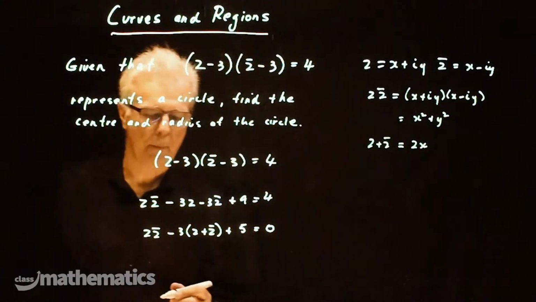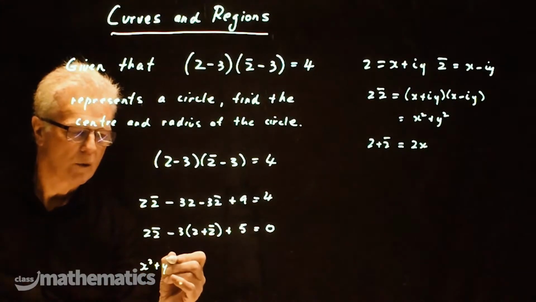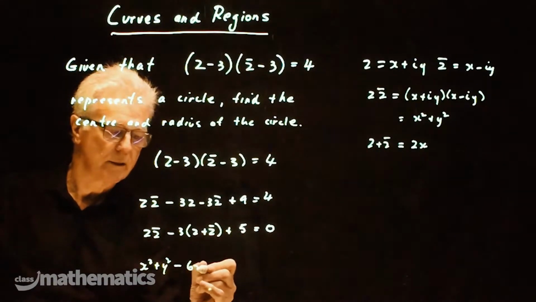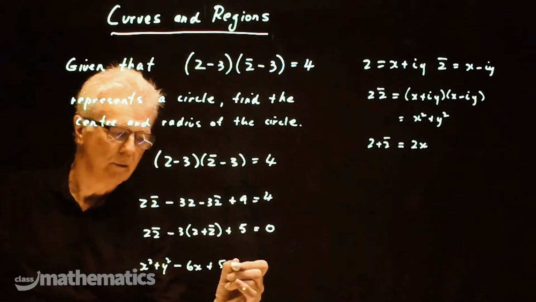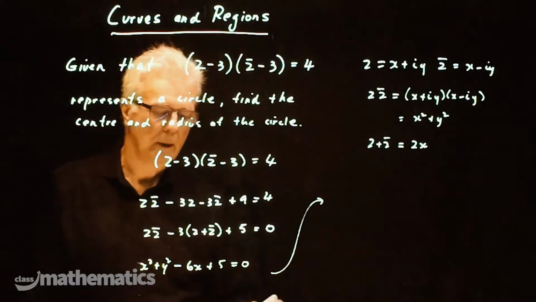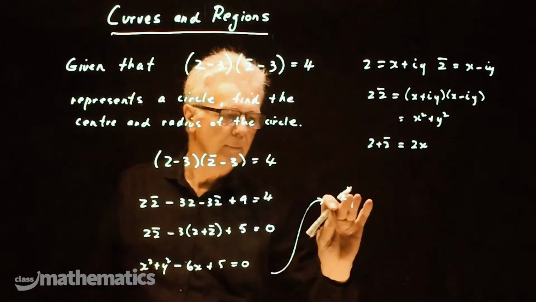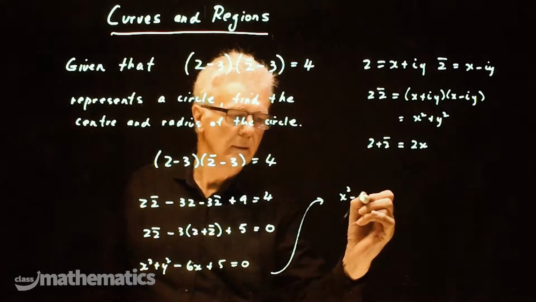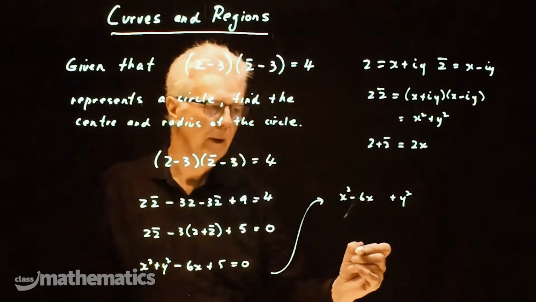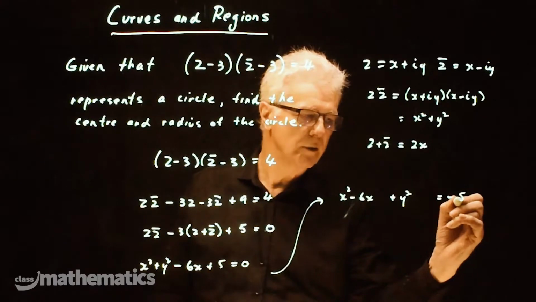Okay, putting this back in, we have x squared plus y squared minus 3 times 2x, which is 6x, plus 5 equals 0. So this becomes x squared minus 6x, leave a little gap, plus y squared, and I'll take that 5 across the other side, minus 5.